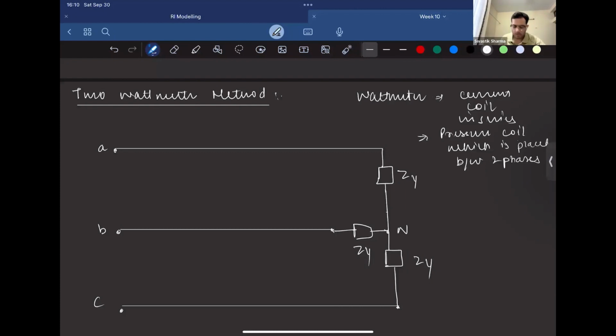So this is a current coil, and that's how our pressure coil will look.